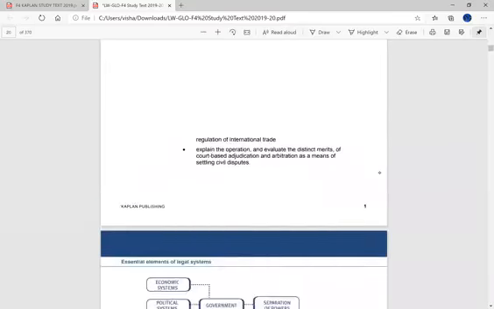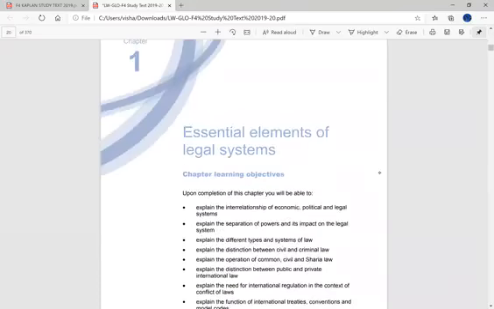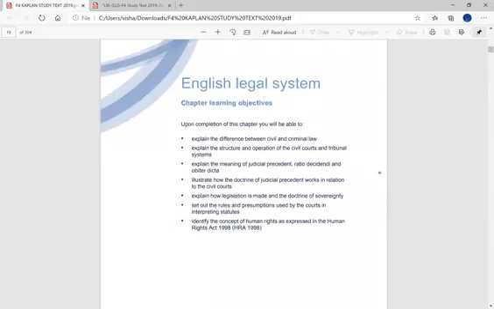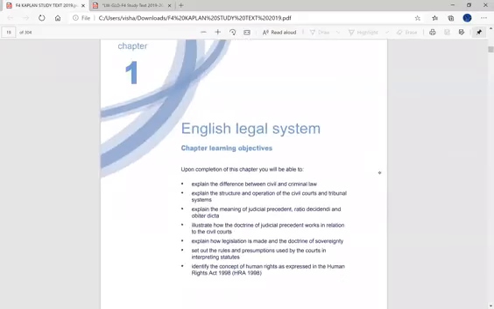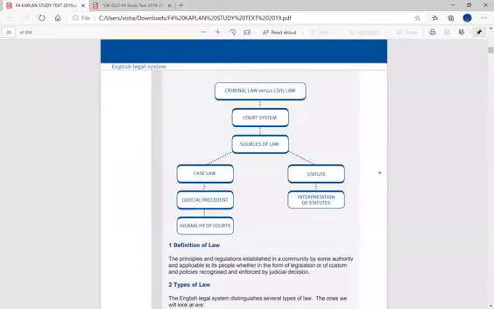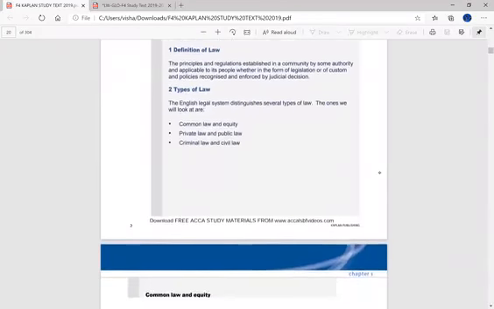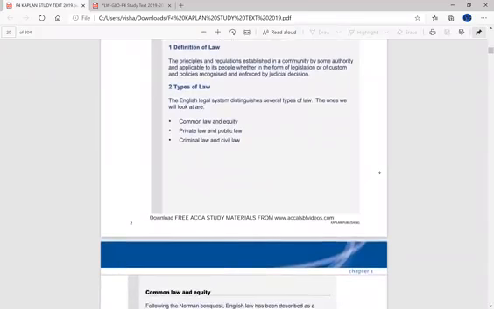Now, the first chapter is essential elements of legal systems, even in global law and even in English law. English legal system is the first chapter. So let's start off with English law first. Or do you guys want me to start off with global law?